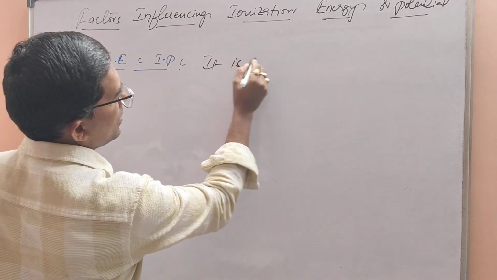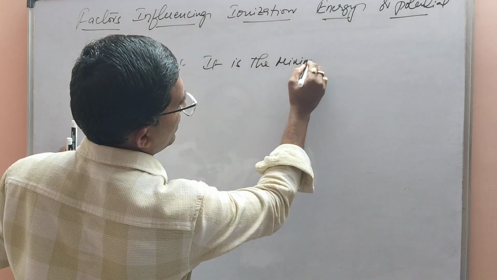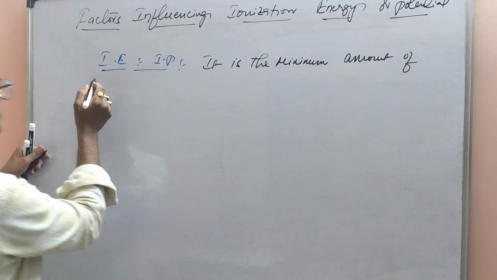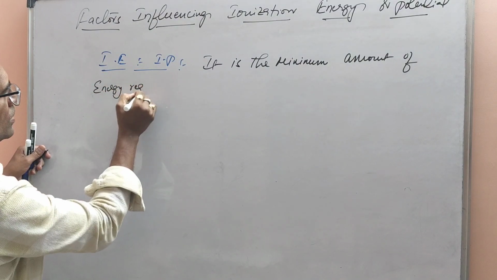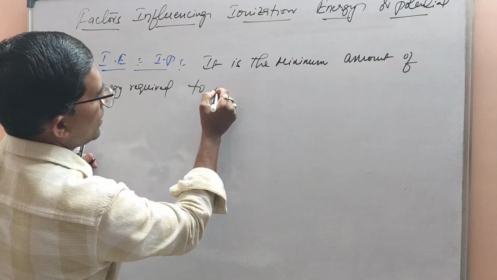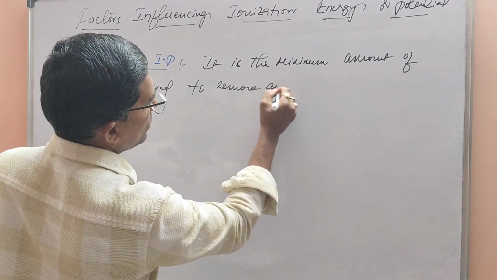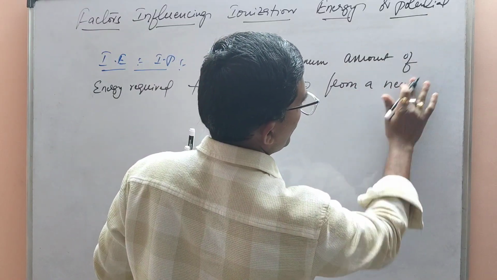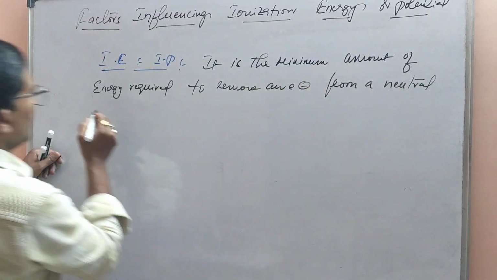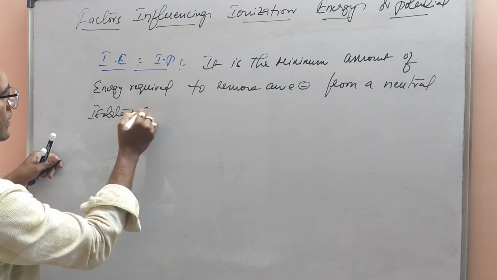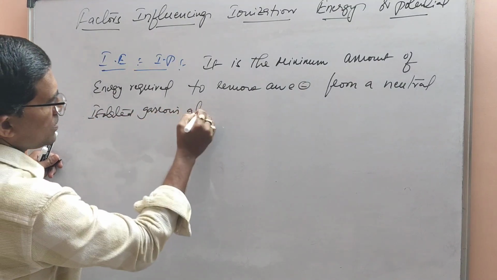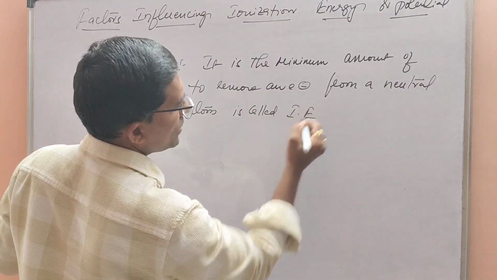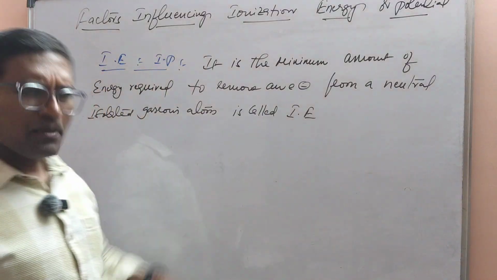It is the minimum amount of energy required to remove an electron from a neutral isolated gaseous atom. That is called ionization energy, or ionization potential.